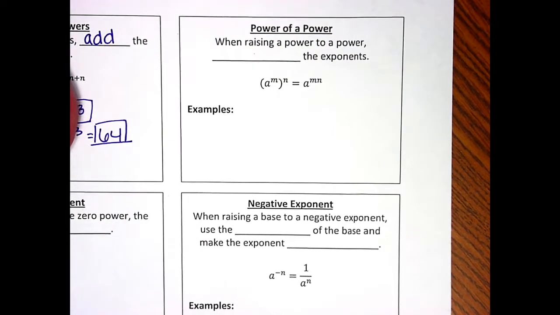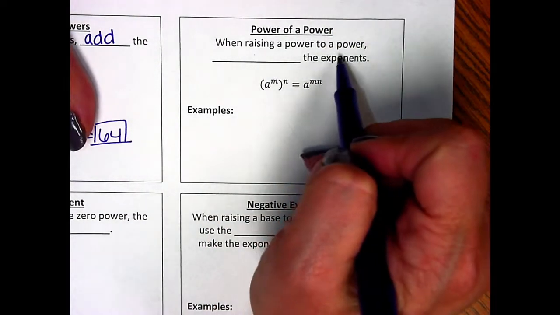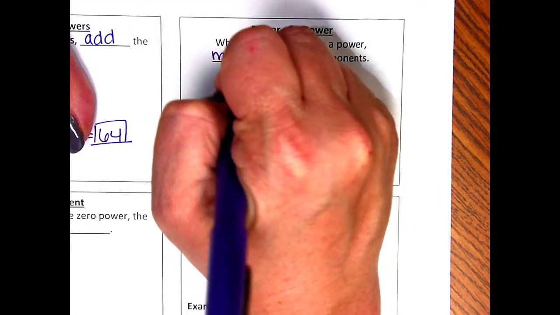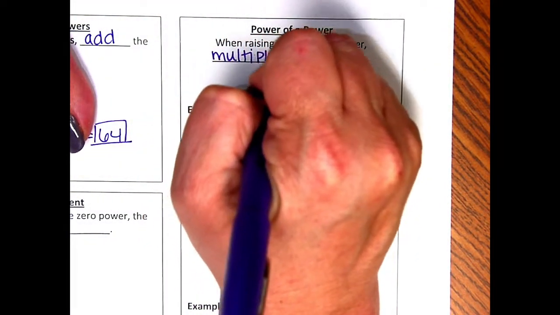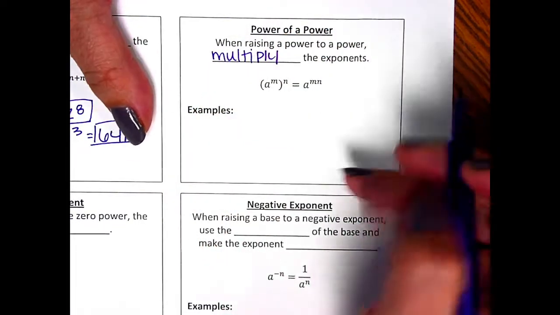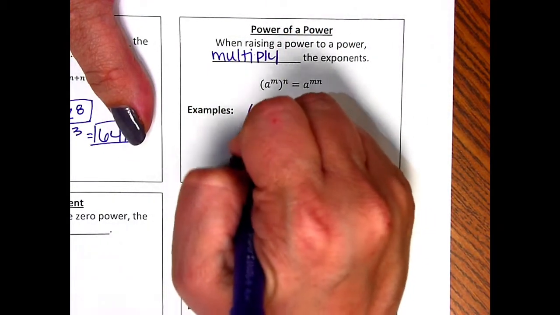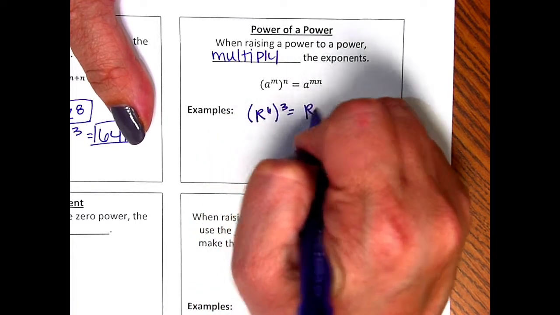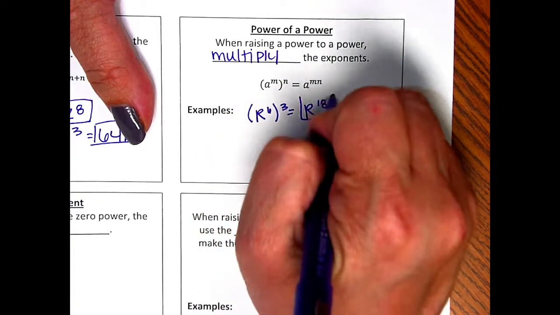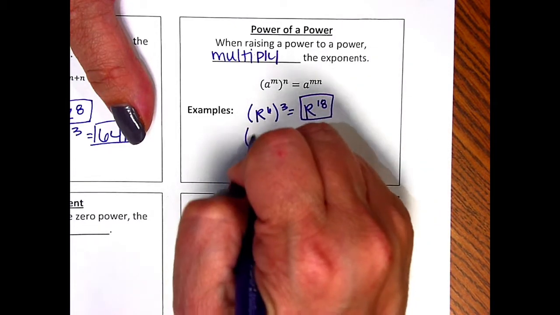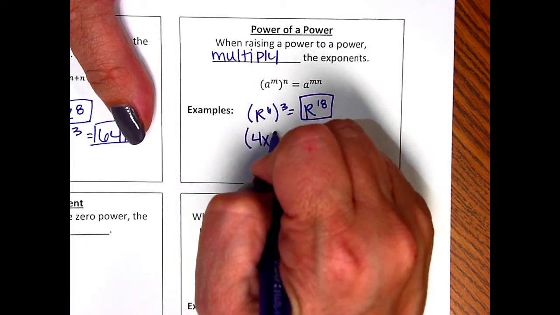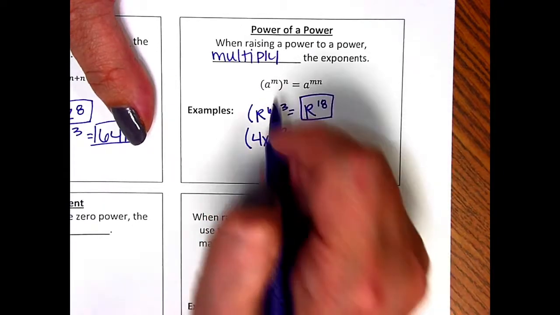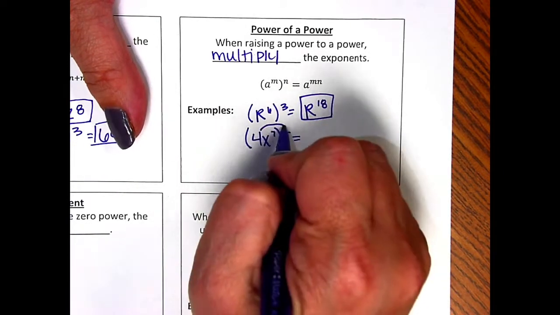Obviously with a variable, we just have to leave it. Okay, power of a power. When raising a power to a power, you multiply the exponents. So if I have r to the 6th to the 3rd, I get r to the 18th. If I have 4x to the 7th squared, it's kind of like distributing.